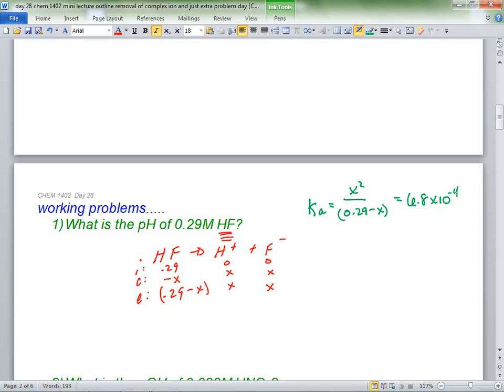Because it's so small, and the only reason why you can say it's so small is because of 10 to the negative 4, right? 10 to the negative 4 is iffy, but it's okay. Really, that's what we decided in class. But 10 to the negative what is not? 3, 2, yeah. So this would be a mean question if it was 10 to the negative 3. You do a full quadratic expression of it.